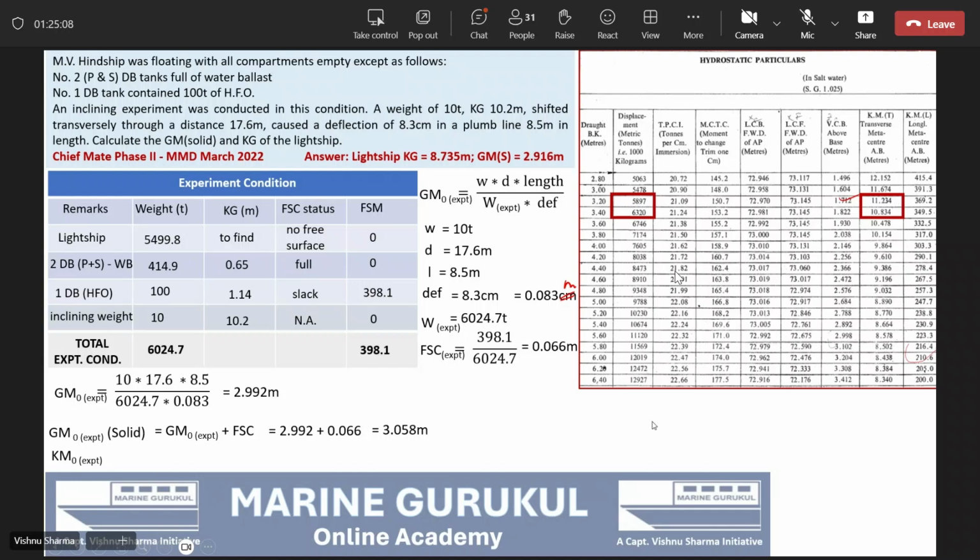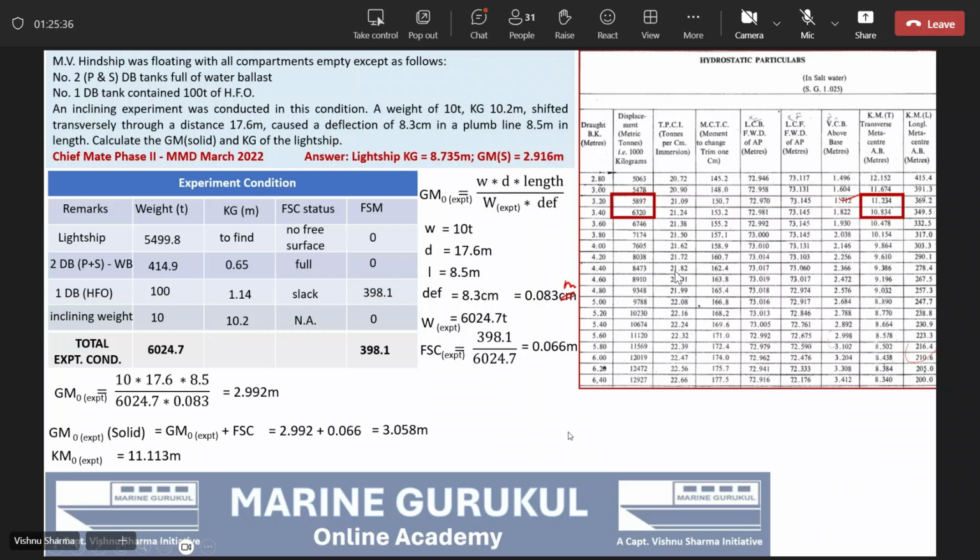So I have shown it here. Between 11.234 and 10.834, interpolate for the W experiment. 11.113 is correct.